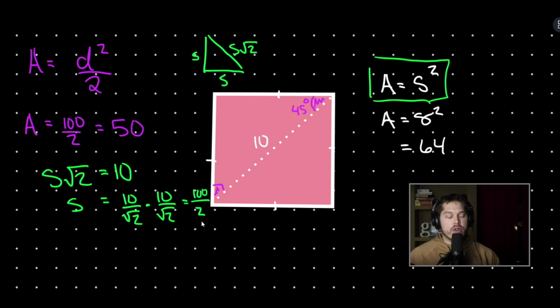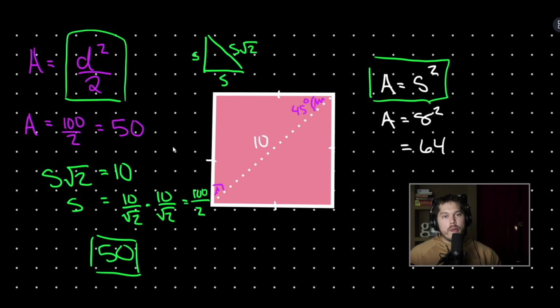So we have 100 over 2, which again is 50. So if you're given the diagonal of a square, you can either use the simple diagonal squared divided by 2 formula, or if you forget this formula, you can use your special right triangles in order to determine the area.